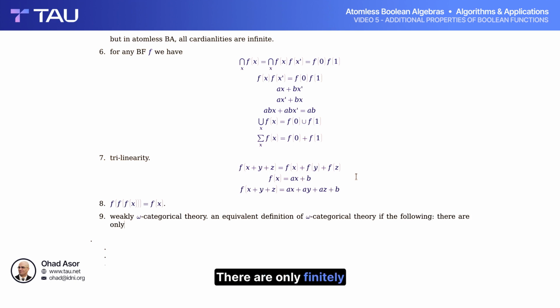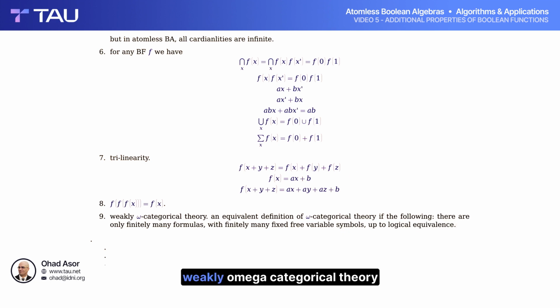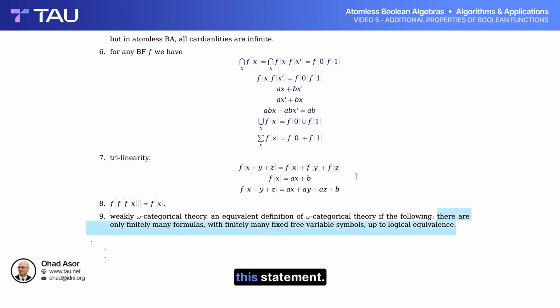There are only finitely many formulas with a fixed, finite number of free variable symbols, up to logical equivalence. Now, weakly omega categorical theory, I define by, let's copy this statement.